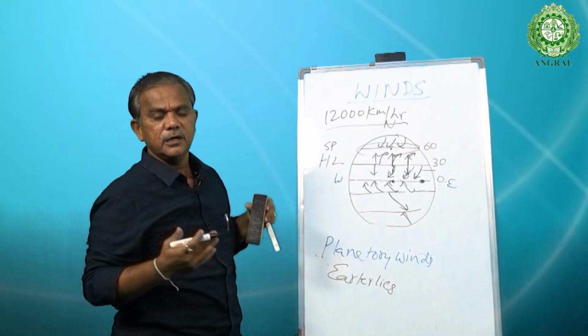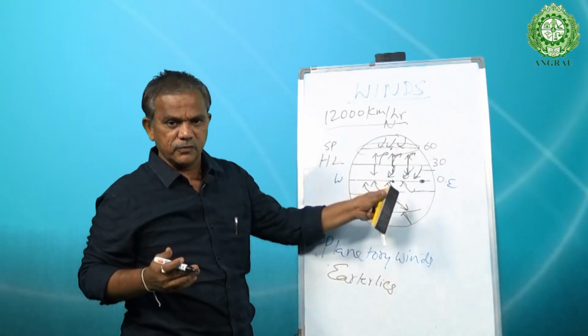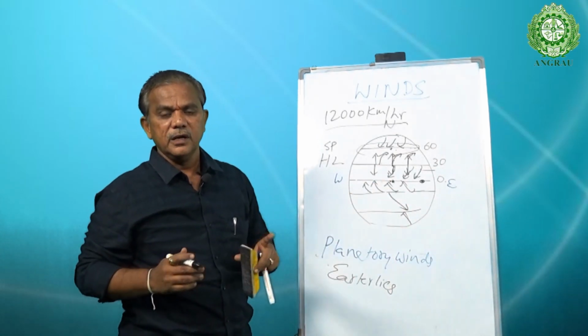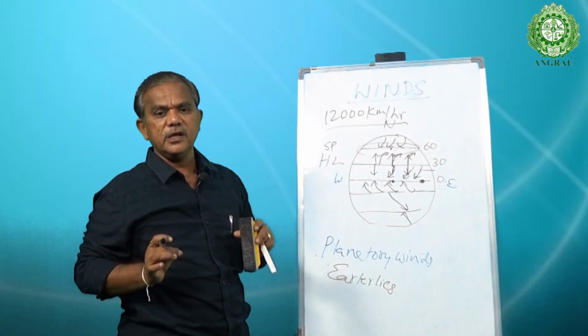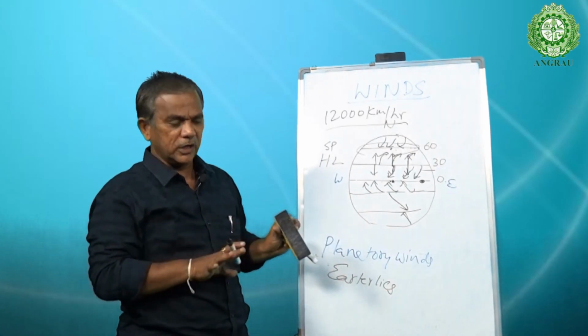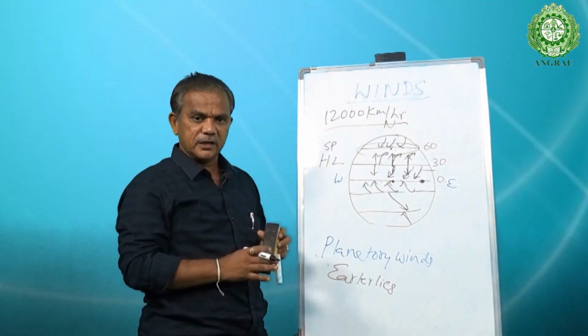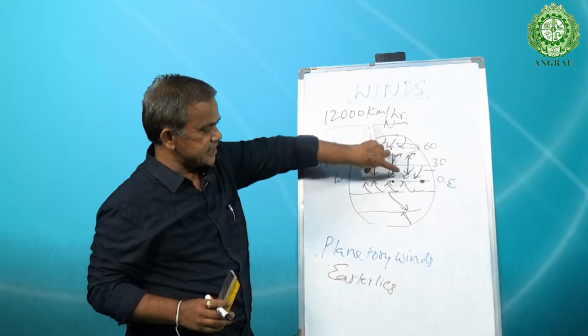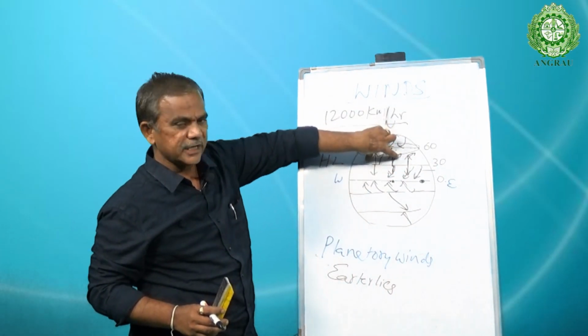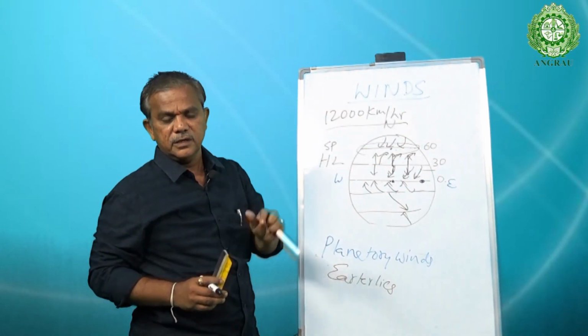And vice versa for a person in the southern hemisphere, and this phenomenon is due to the Coriolis effect. There is nothing to confuse here. So, these are the different types of planetary winds that occur: the tropical easterlies, the westerlies and the polar easterlies.